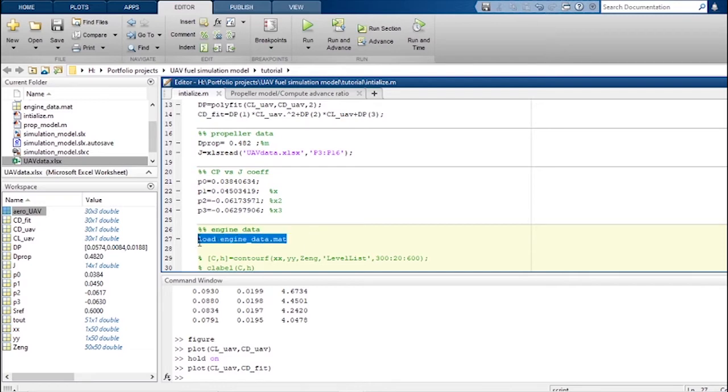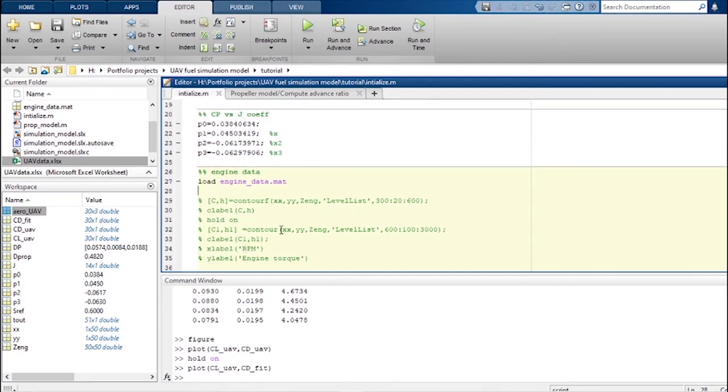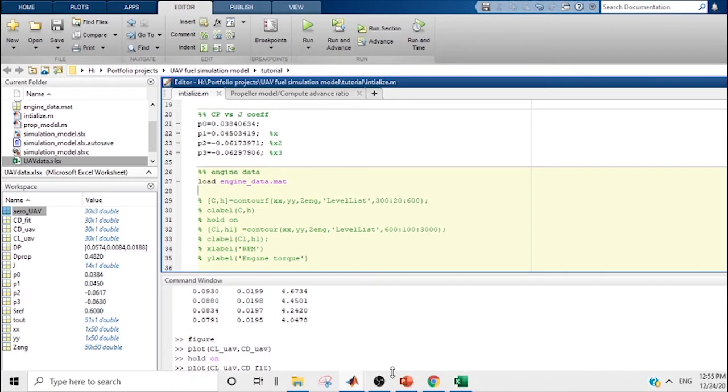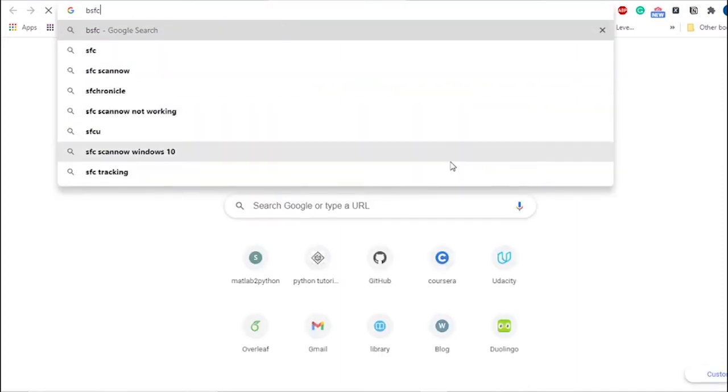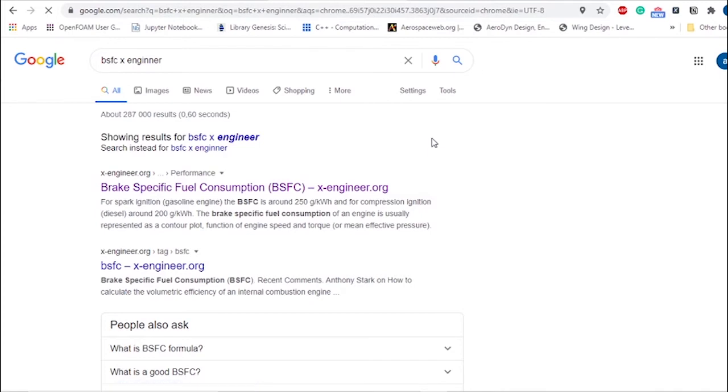The engine data that I have generated here is a scaled down sample engine which I've taken from a website where I can extract the variation of specific fuel consumption with a given RPM and torque.